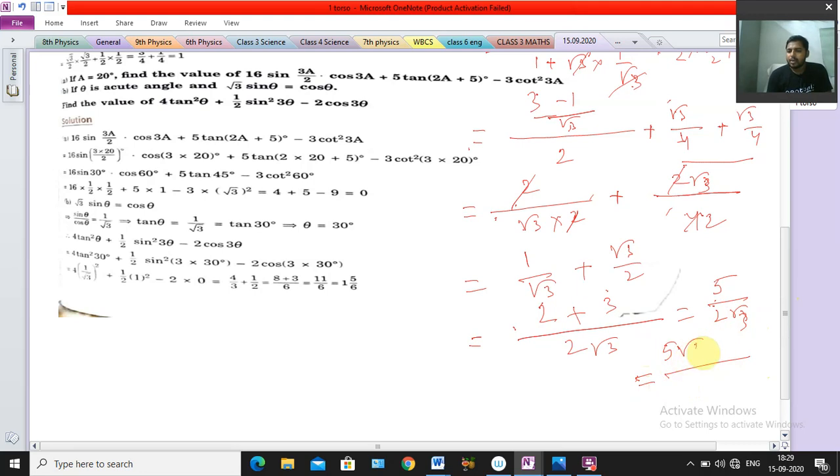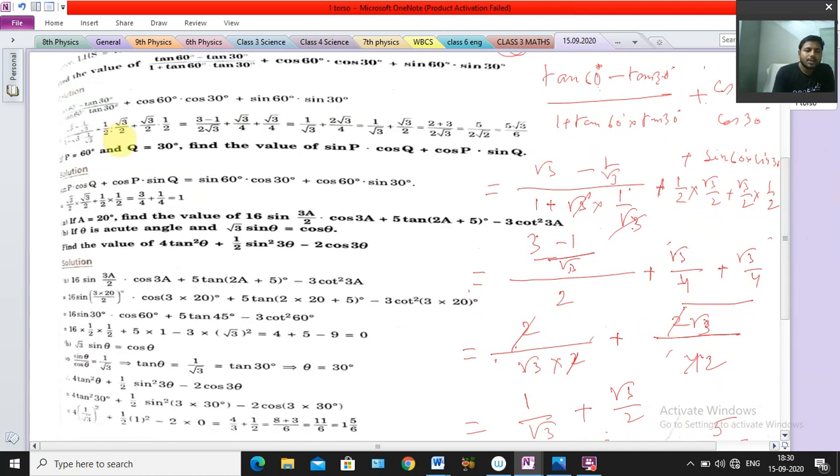Since root 3 is there in the denominator, we are multiplying root 3 in numerator and denominator. 5 by 2 root 3 was there, and after multiplying we are getting root 3 in the numerator, and in the denominator also another root 3. So we are getting 5 root 3, and in the denominator root 3 into root 3, 3 into 2, 6. That means 5 root 3 by 6. That is the answer. Clear? So that is the required value.